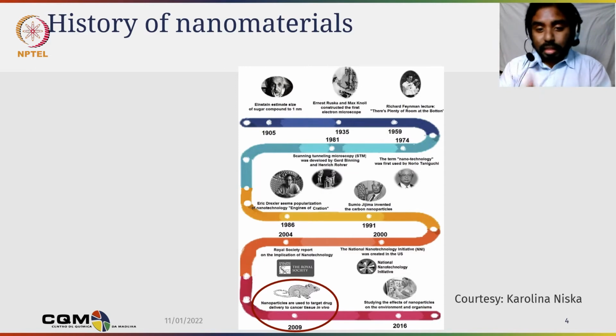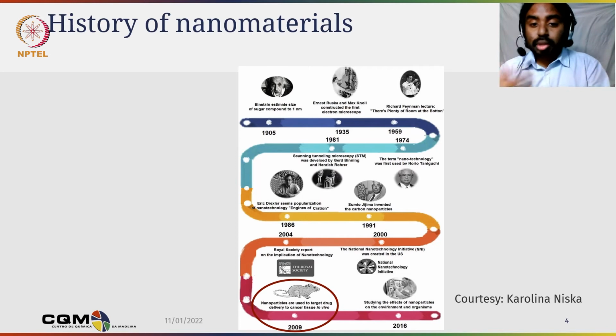But even after this, there is a bit of hesitation in providing approval for these types of drugs. I will say why later, right? So in 2016, studies moved from using nanoparticles in biomedical applications towards the toxicity of nanoparticles, right?